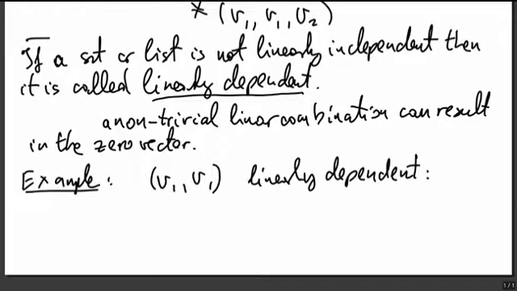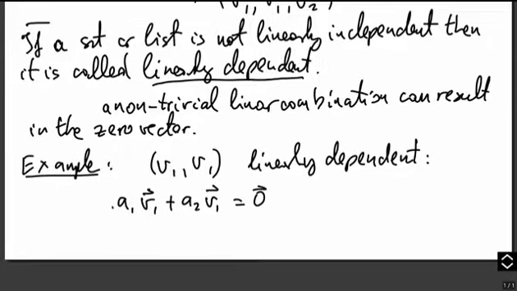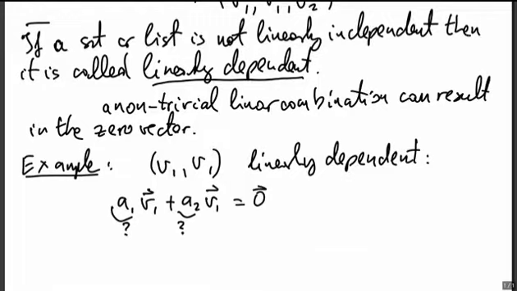When you think about linearly dependent lists, you have to think what kind of linear combination a1 v1, and in this case v2 is v1, so plus a2 v1, what kind of linear combination could produce the 0 vector? And the question is what kind of coefficients we can choose for that.